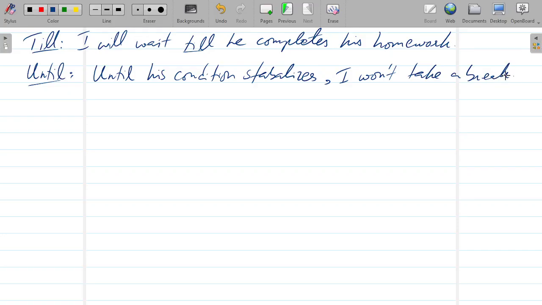Now, remember, I'm only going through this to show you how each of these conjunctions can be used. And I'm only giving you one example, right? You can obviously make the sentence by flipping this around. I won't take a break until his condition stabilizes. So you can obviously flip that around, or you can make a completely different sentence using the same conjunction with the main clause coming in first.